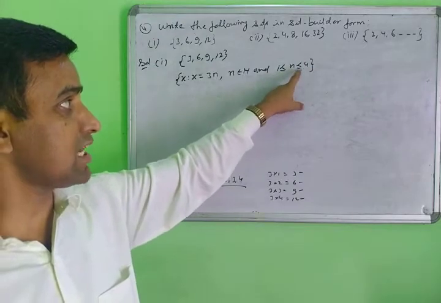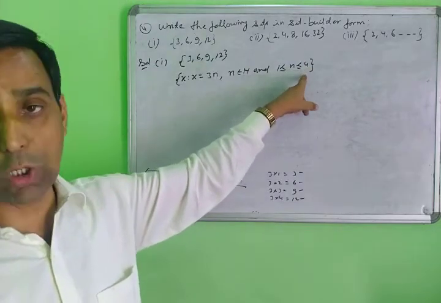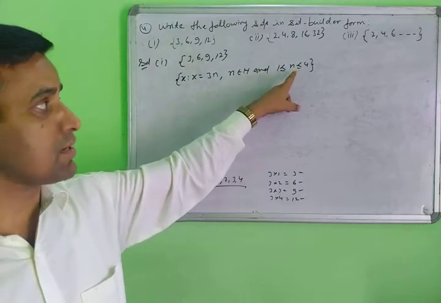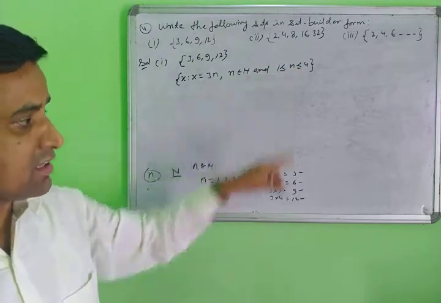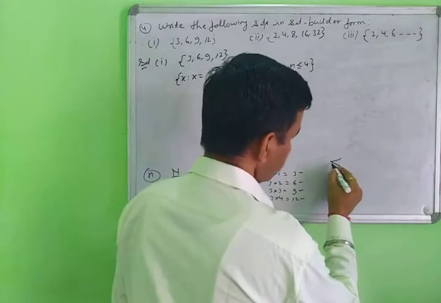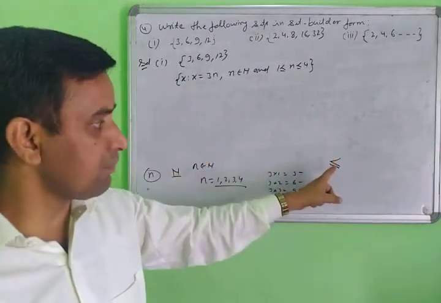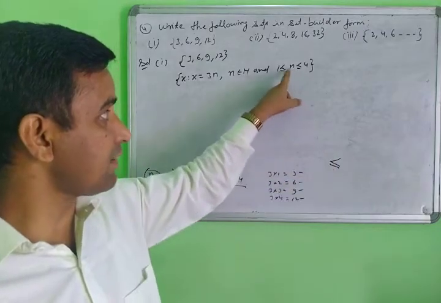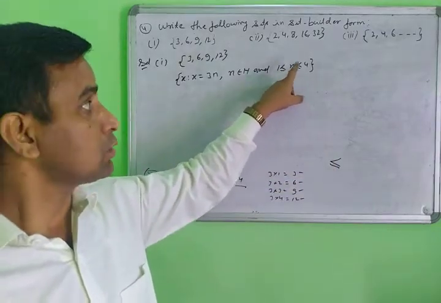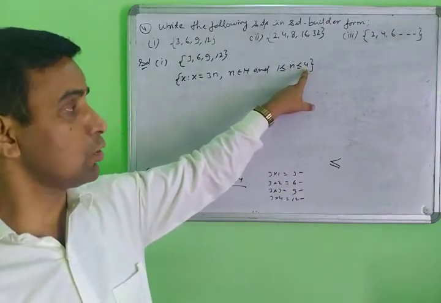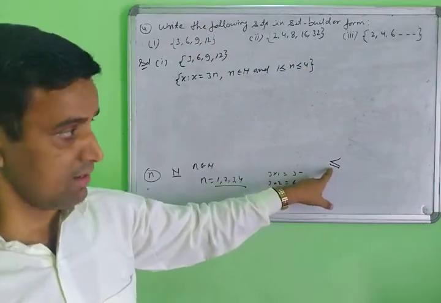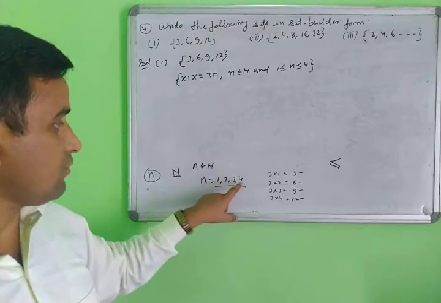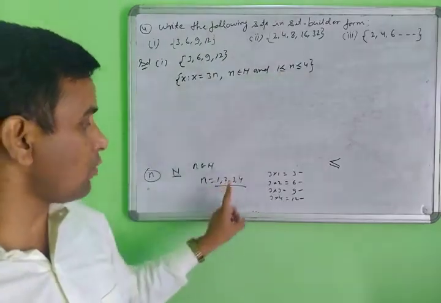The equal sign is also used here, which means 1 and 4 are also included. How to read this symbol, less than or equal to: the number on the right side is also included because of the equal sign. So the value of n here is 1, 2, 3, 4, and the ending limit is also counted.